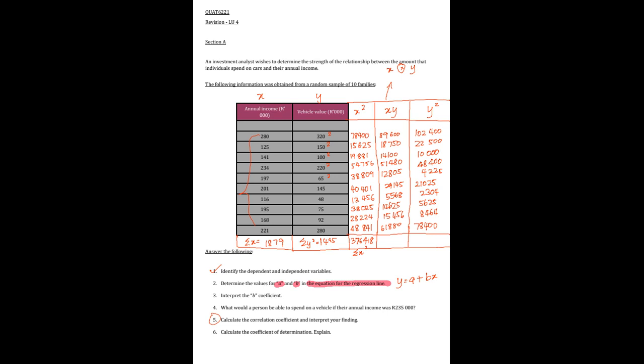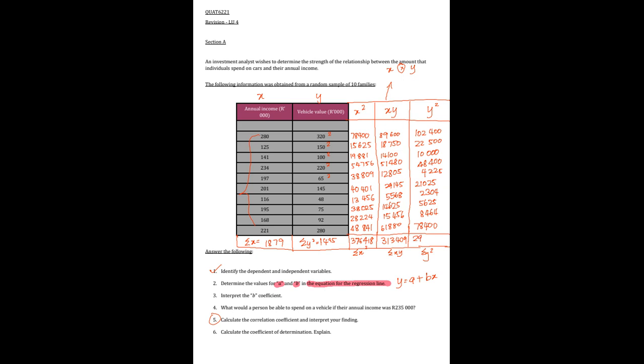So here your total is 313409. So that's the sum of xy. And then the last column is your sum of y squared. So the sum of y squared is 299,118.